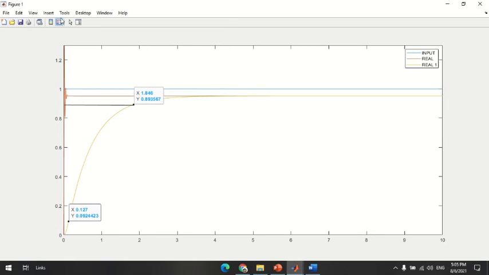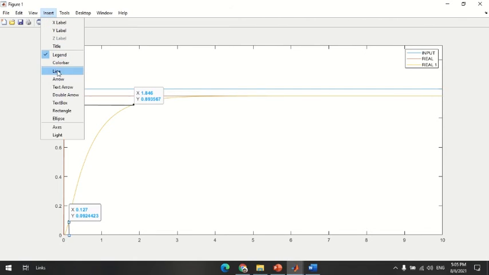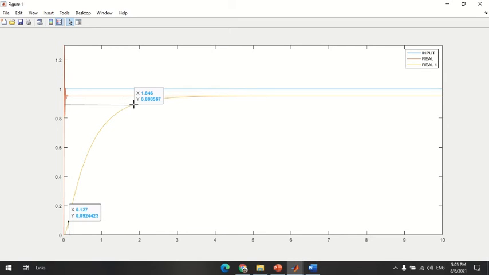Then after we get this plot, we should subtract the difference between these two lines, between 0.9 and 0.1, to get the TR value. Then this is the TR value.